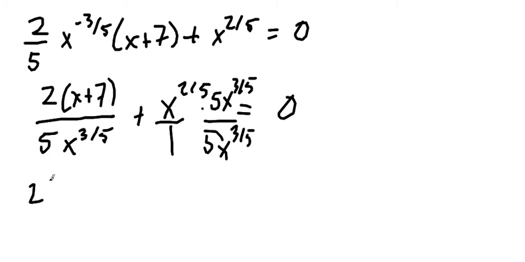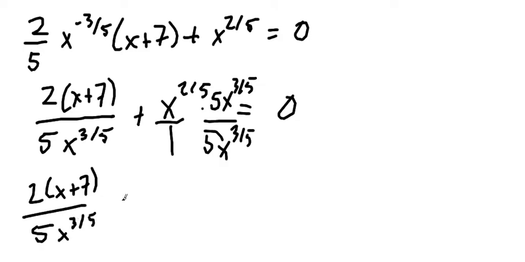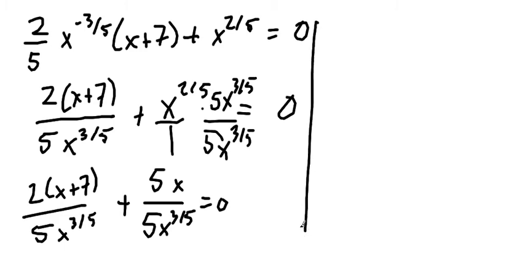Okay, so 2 times x plus 7 over 5x to the 3/5, plus x to the 2/5 times x to the 3/5, which is x to the 1 as we've already seen. So we get 5x over 5x to the 3/5 equal to 0. And then adding numerators, I'm going to distribute here too.